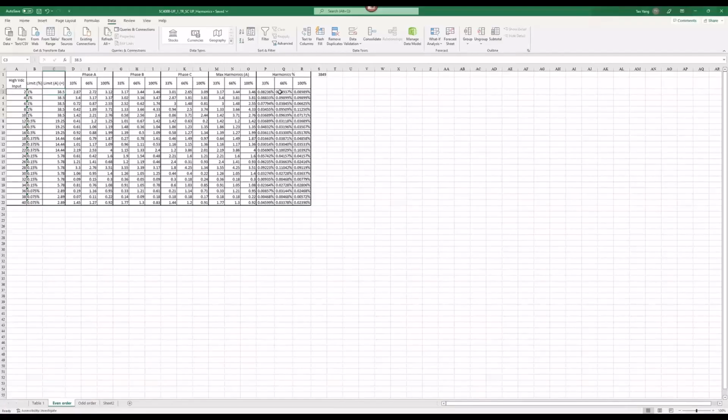Then you run the percentage conversion to convert the ampere to the percentage value of the harmonic current injection at a particular harmonic order, because that's the input of EasyPower, right? And then you summarize them together to become your harmonic spectra injection table. So that is the input of your harmonic study for each inverter as a harmonic spectrum, right?